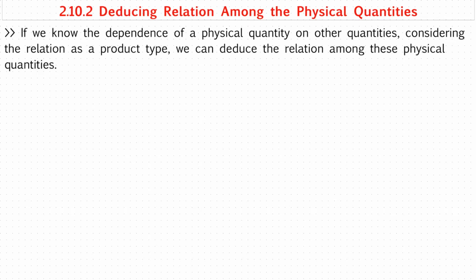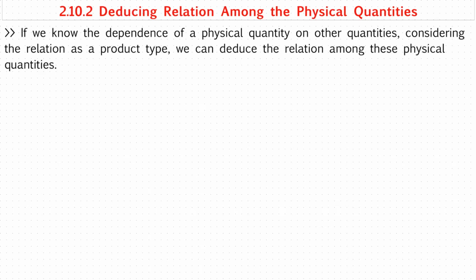Now topic 2.10.2, deducing relation among the physical quantities. If we know the dependence of a physical quantity on other quantities, considering the relation as a product type, we can deduce the relation among these physical quantities. Suppose we know that a physical quantity depends on some other physical quantities, and we know those other physical quantities as well.